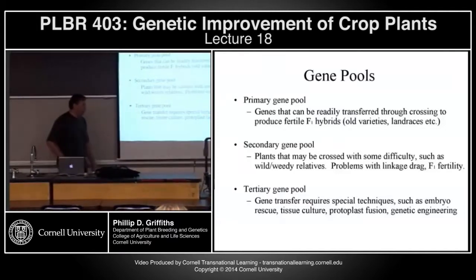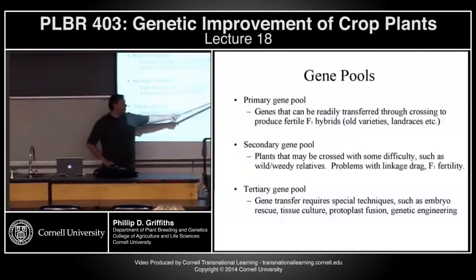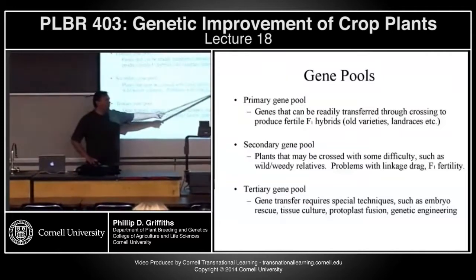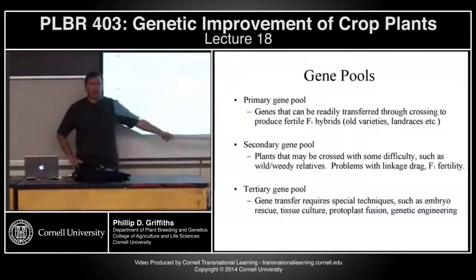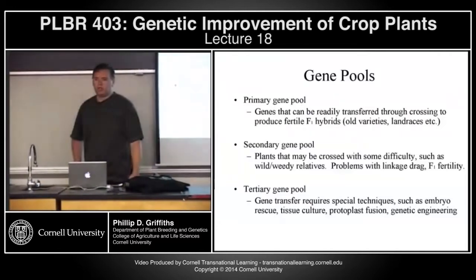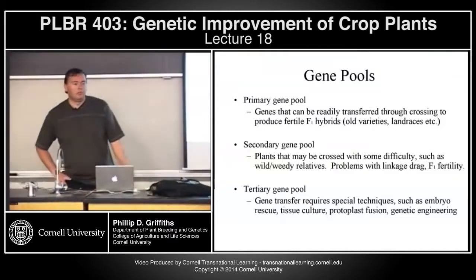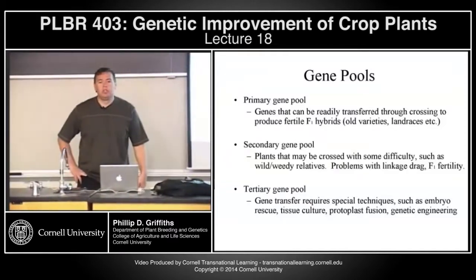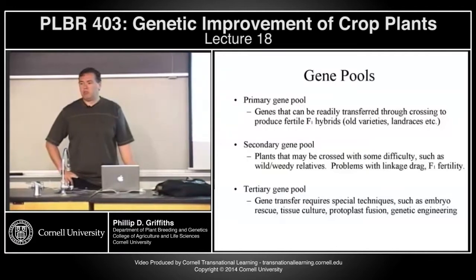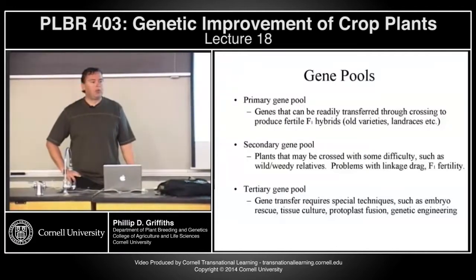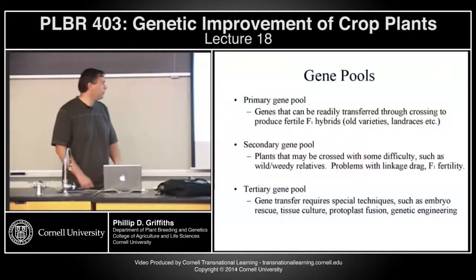We start ending up with problems including significant linkage drag and the fertility of F1 hybrids. This week I'm going to start talking about a number of these issues when I start talking about the use of interspecific hybridization in breeding, for example.